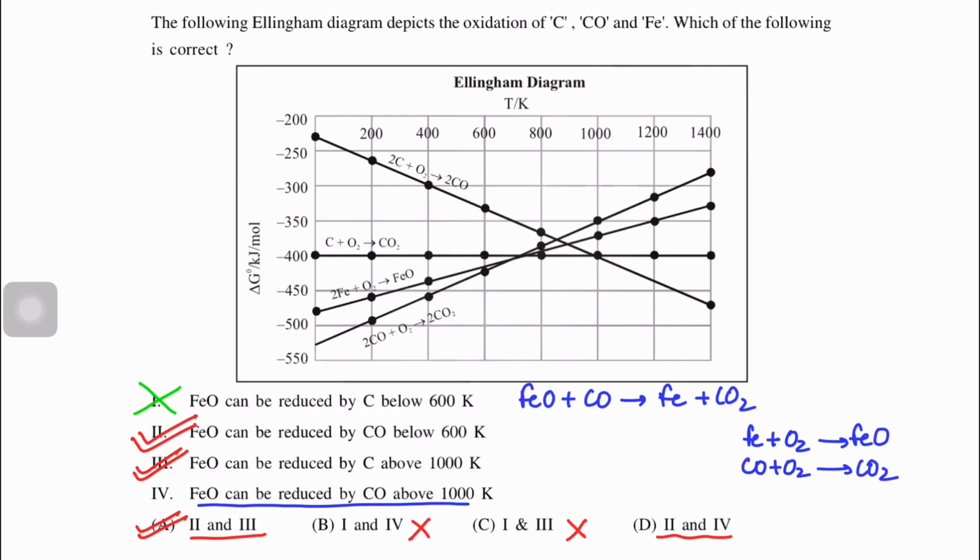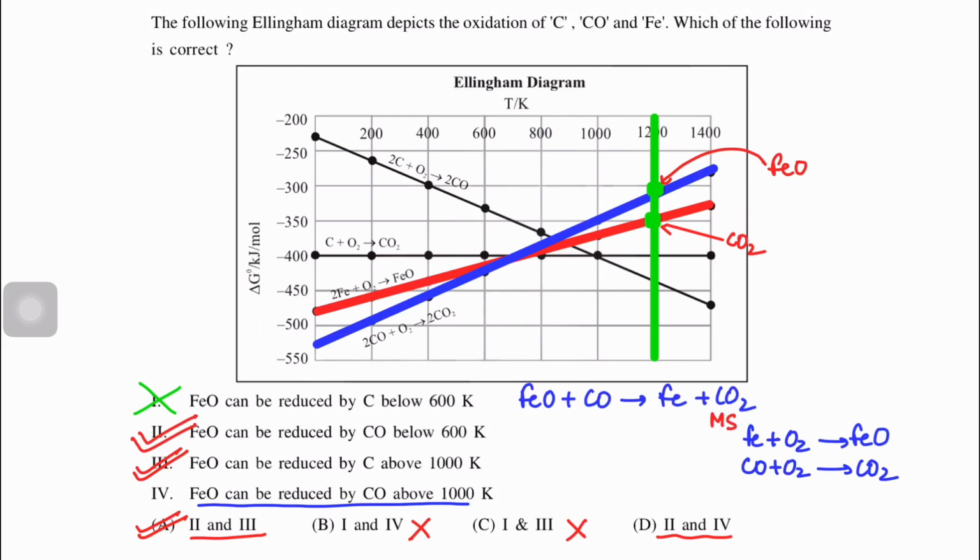Fe plus O2 forming FeO is that curve, and CO plus O2 forming CO2 is that curve. Let's take the temperature equal to 1200 Kelvin. Now you see these are the 2 points. This point corresponds to the product CO2 delta G naught, and this point corresponds to FeO delta G naught. Now we can say CO2 is more stable.